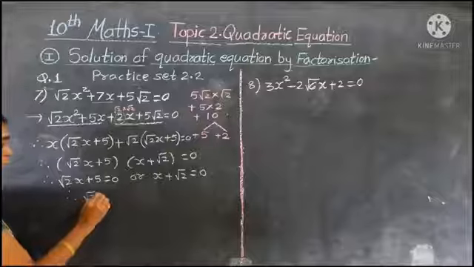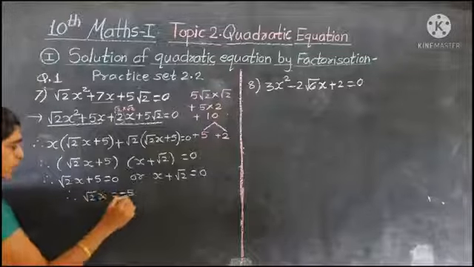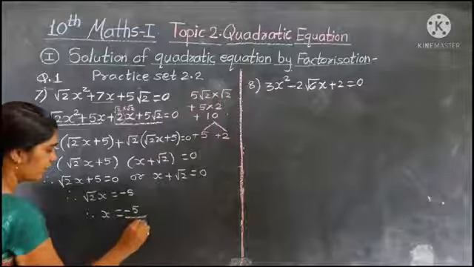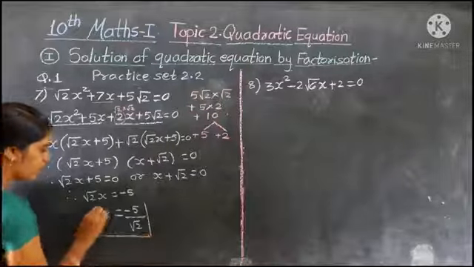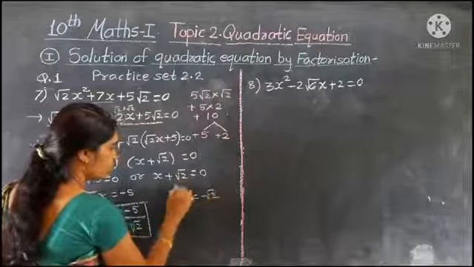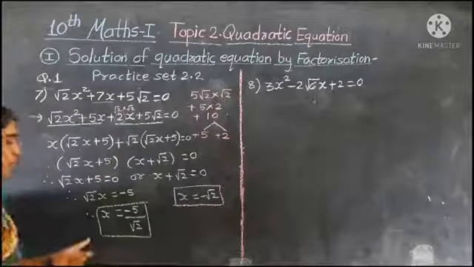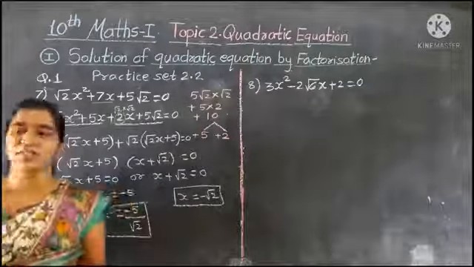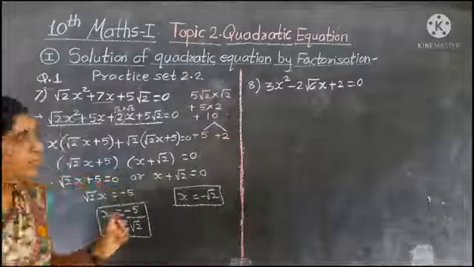Therefore, we get root 2x is equal to minus 5, x is equal to minus 5 upon root 2. And here x is equal to minus root 2. These are the two final answers. There is no need to be afraid because of roots, it is easy.